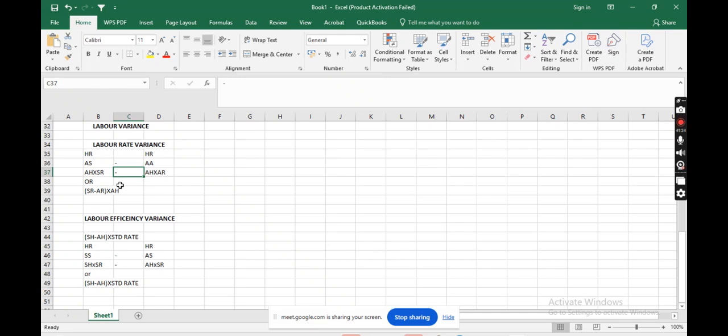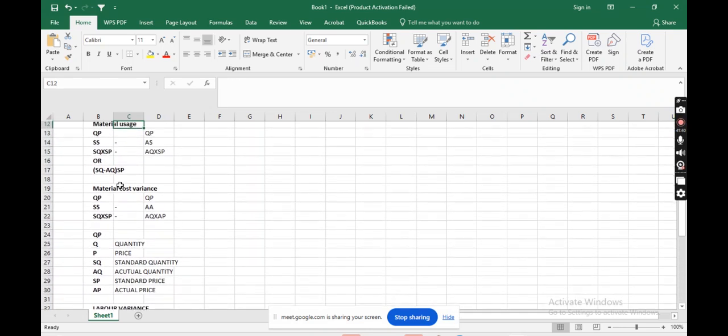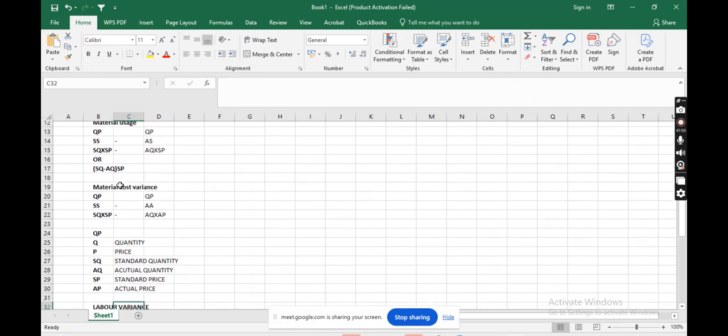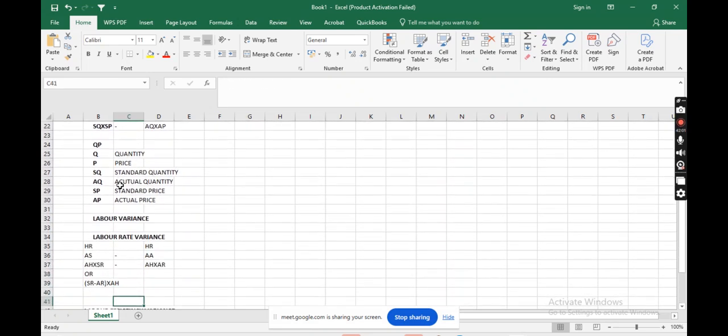If it is material price, I will say the standard price minus the actual price times the actual quantity. Now, if it is usage or consumption, I will say the standard quantity minus the actual quantity times the standard price.